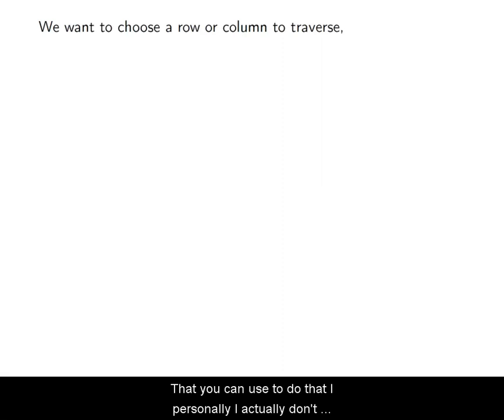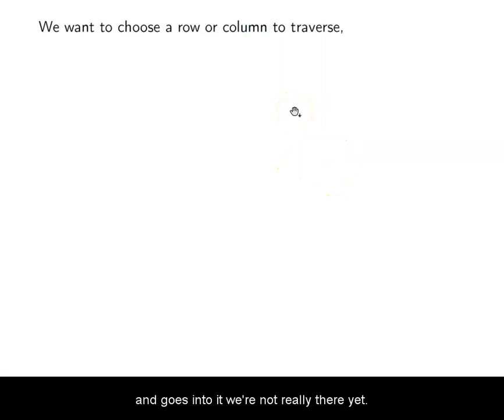I personally don't know it; I have to look it up. Every time I look at it, it looks very confusing to me. Some people said it's very easy, but I'd have to really sit down and look at it. So we just go down a single row, or a single column. You do not zigzag around. There is a method to do that, but there's a lot of extra math that goes into it. We're not really there yet.